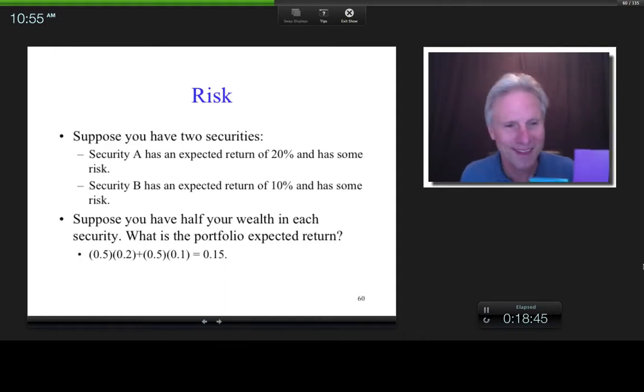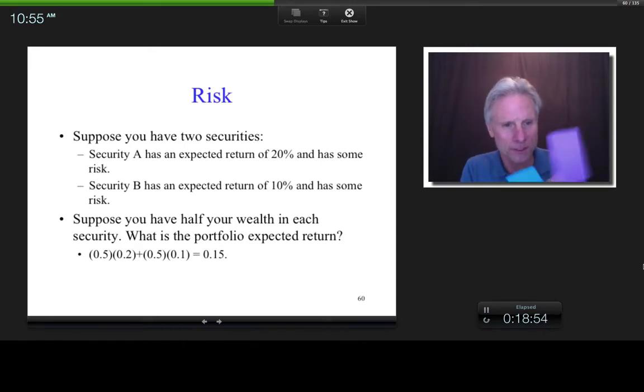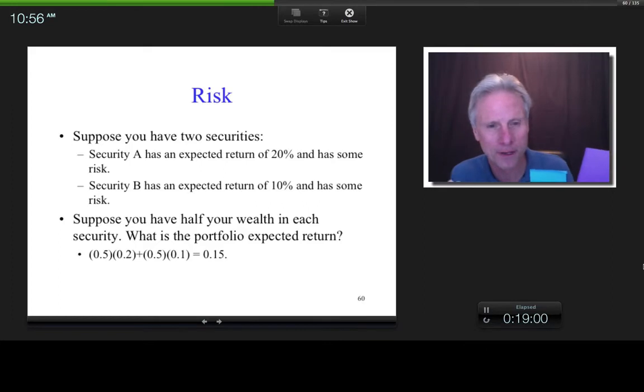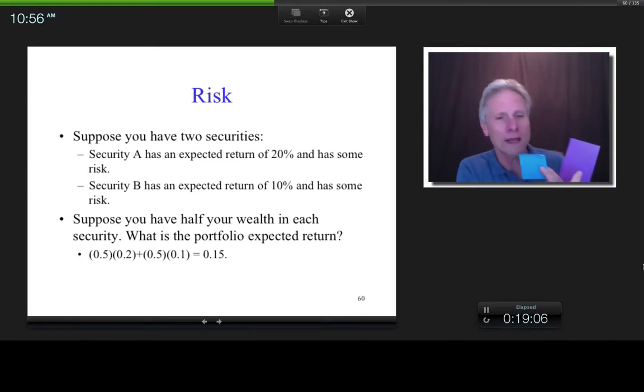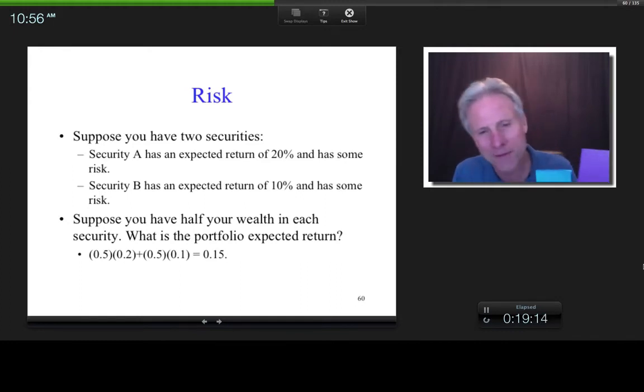The purple investor is the one that has 20%. This is Security A, and this is B for blue, the 10%. And then I have half my money in each. Let's say this is all they had: the purple only has Security A and nothing else, and the blue only has Security B and nothing else, but I have half my money in each.